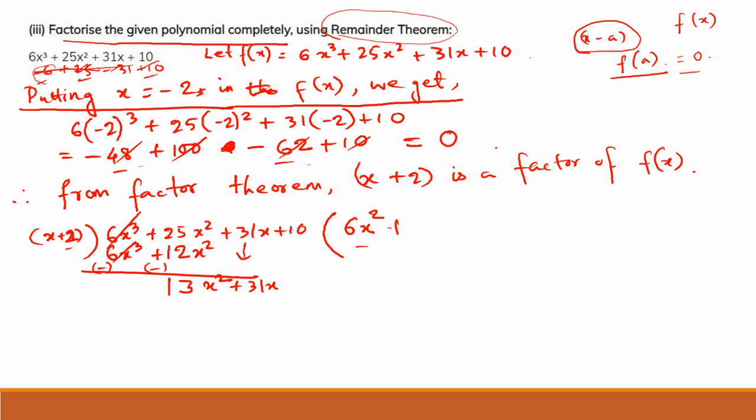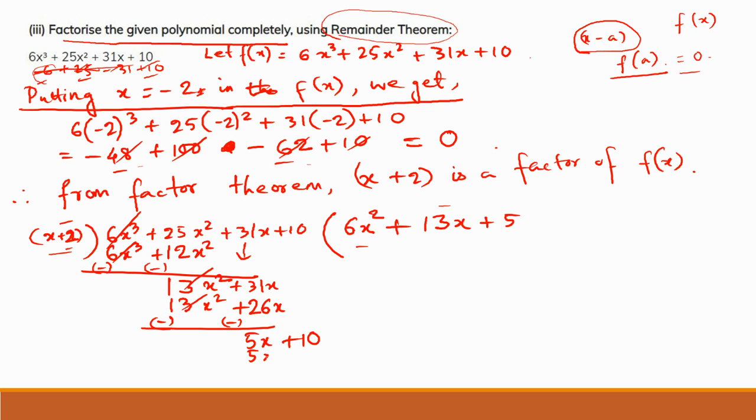Then multiply x plus 2 with 13x. So you will get 13x square plus, now 13x is multiplied with 2, which gives us 26x. Again subtraction, the 13x square gets cancelled out, and this becomes 5x plus 10. Now x plus 2 will get multiplied by 5.